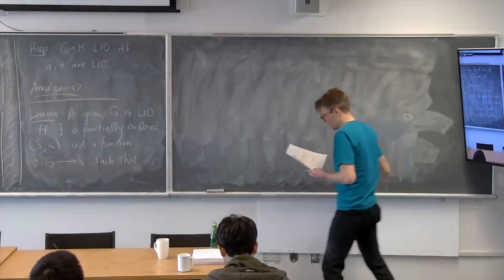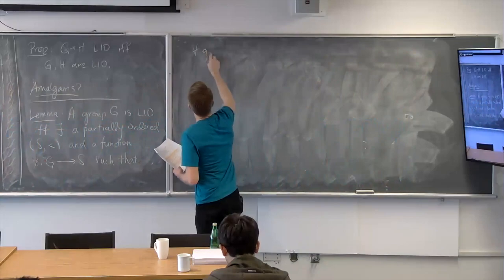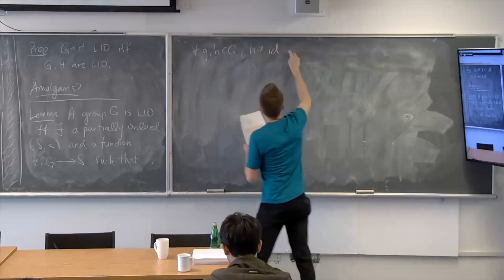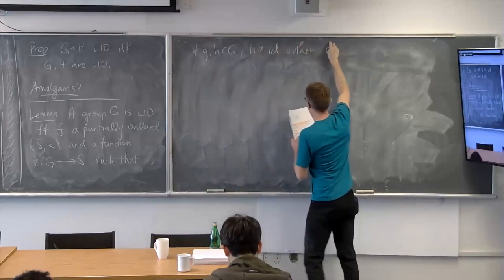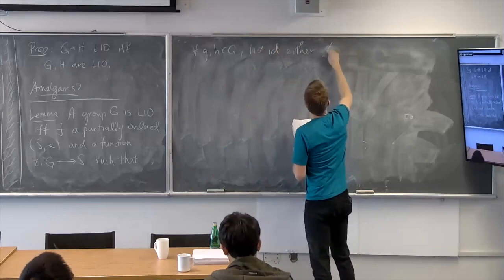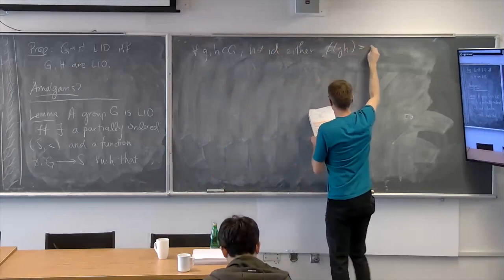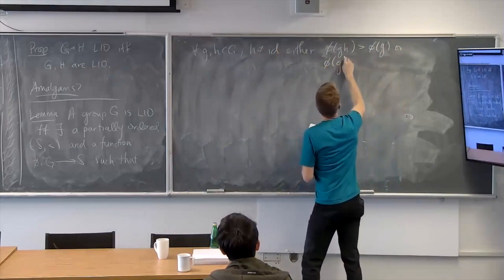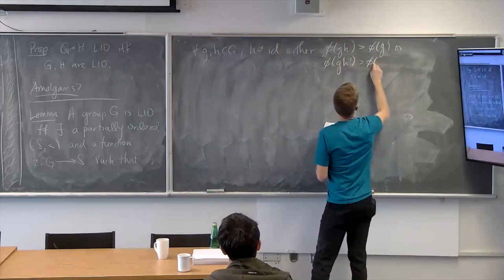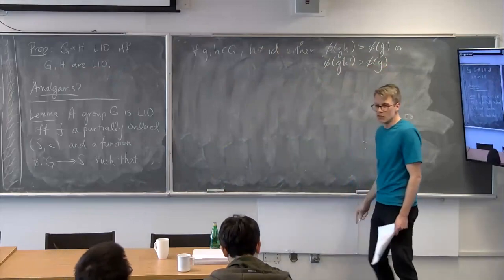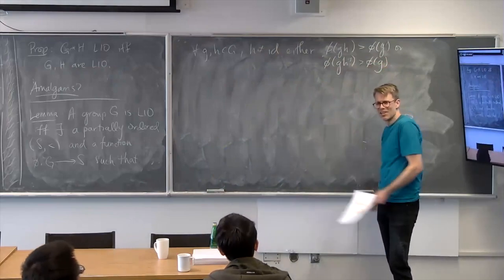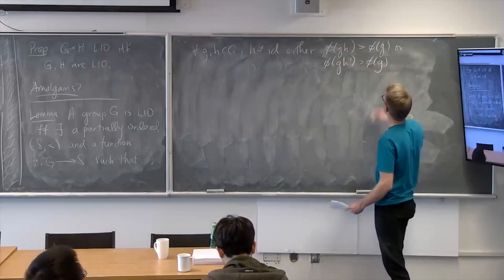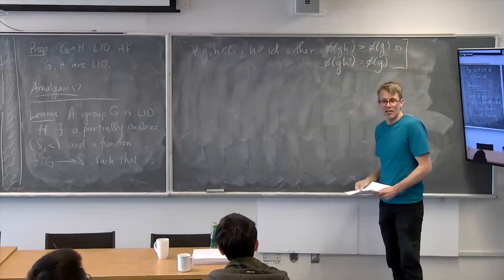So such that for all g, h in G, h not equal to the identity, either P(gh) is bigger than P(g), or P(gh^-1) is bigger than P(g). Right, and I'm not even going to prove that. There's nothing to say. You just use the obvious ordering that you get from this partially ordered set, and that works as a locally invariant ordering on G because you wrote down that it had to.